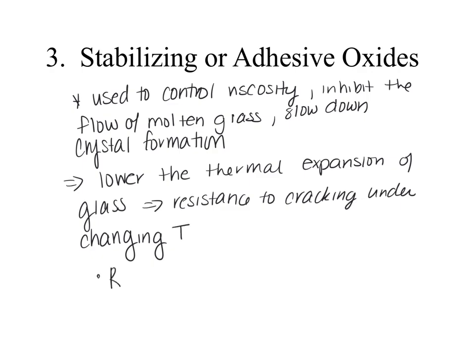And examples of this, we talked about it, was R2O3. Those would be things like aluminum oxide, right? And then B2O3, all right, still that boron oxide.